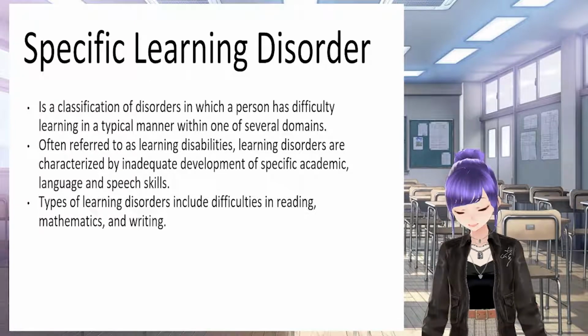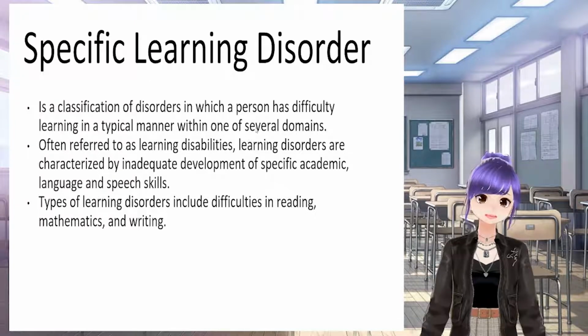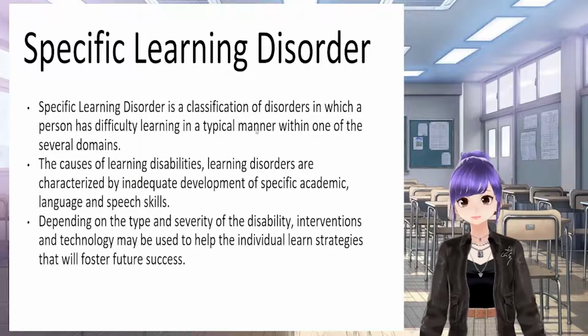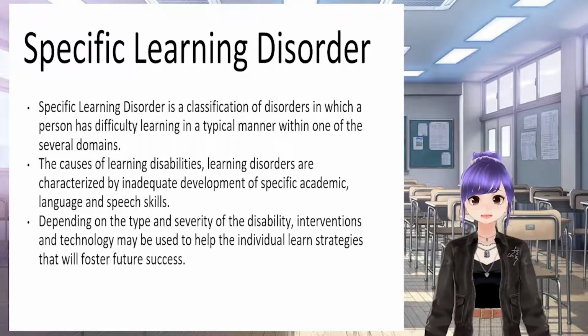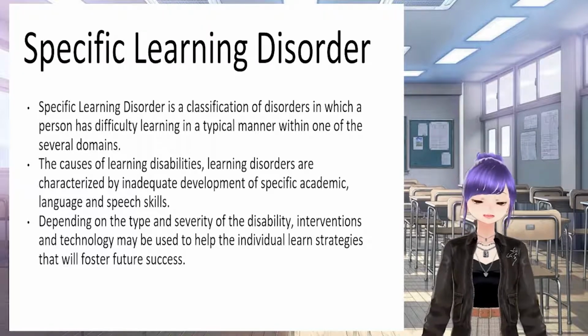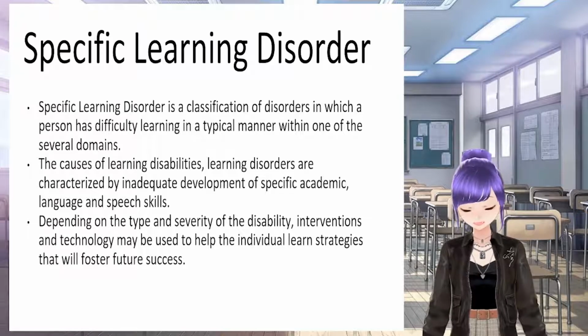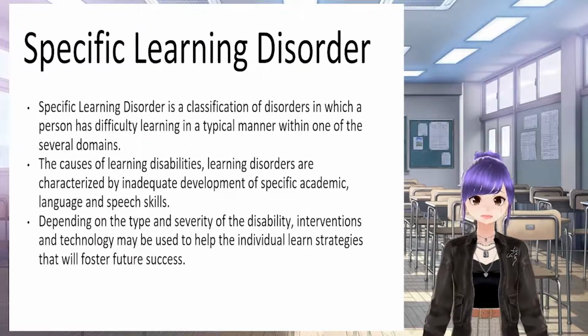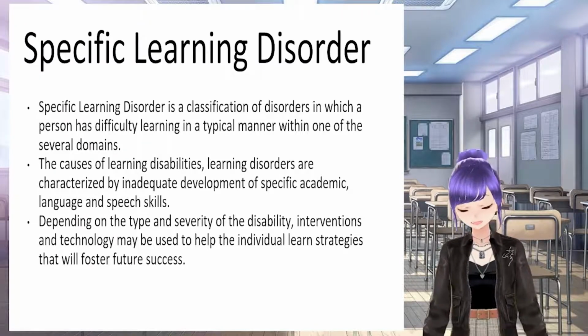So what are the key points of specific learning disorders? Specific learning disorder is a classification of disorders in which a person has difficulty learning in a typical manner within one of the several domains. The causes of learning disabilities and learning disorders are characterized by inadequate development of specific academic, language, and speech skills.